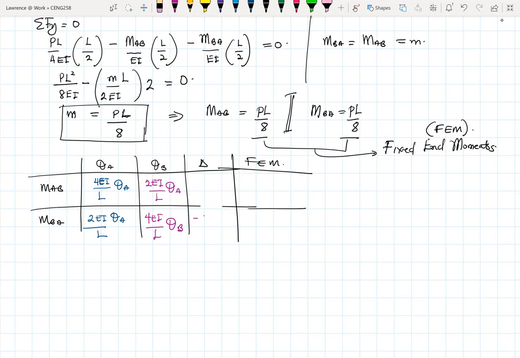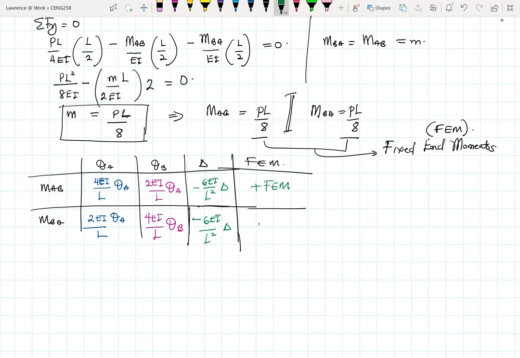Again, we have minus 6EI over L squared.